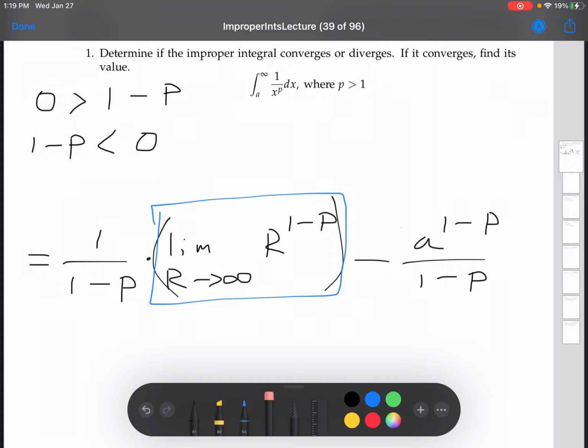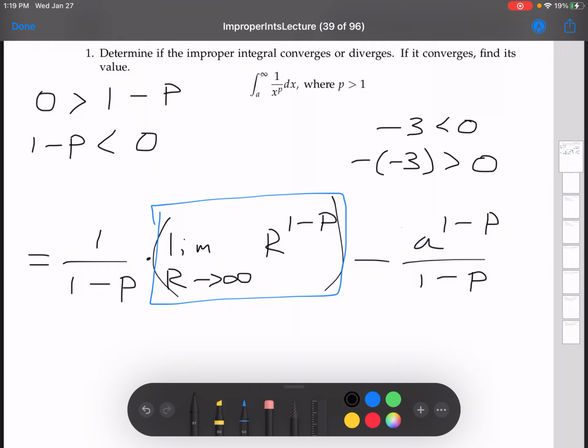All right, so if 1 minus p is negative, have a look at this, right? Negative 3 is negative, right? So that means that negative 3... negative 0 is 0, right?